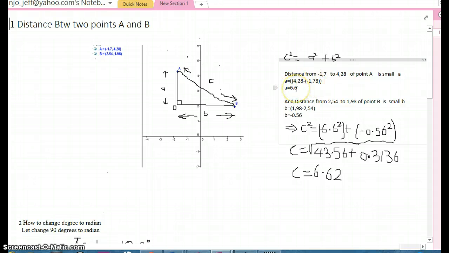So we arrive at this. If you do the same thing for the point B, we arrive also at minus 0.6.